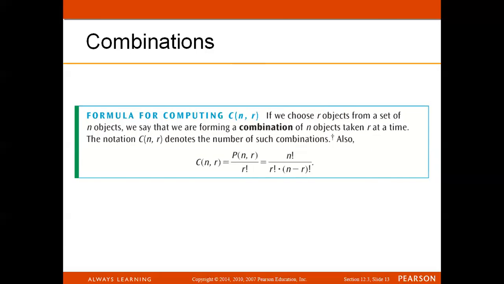The notation C(n, r) denotes the number of such combinations. Also, the combinations of n choose r is the permutations of n choose r divided by r factorial. That is n factorial divided by r factorial times the quantity n minus r factorial in the denominator.